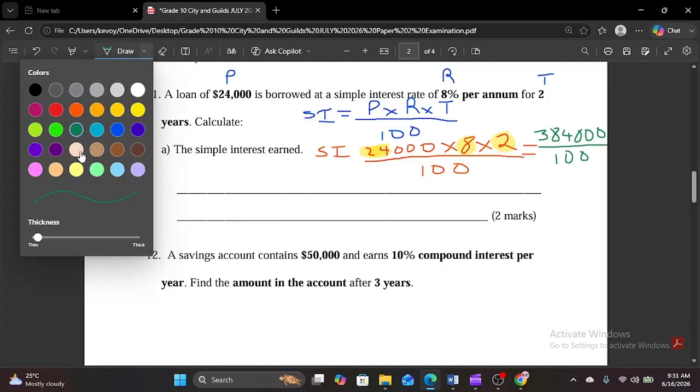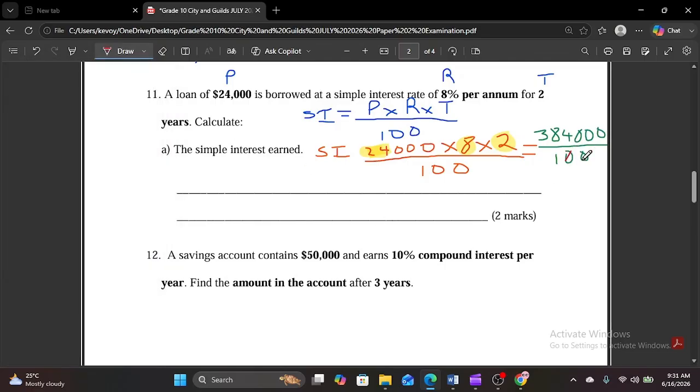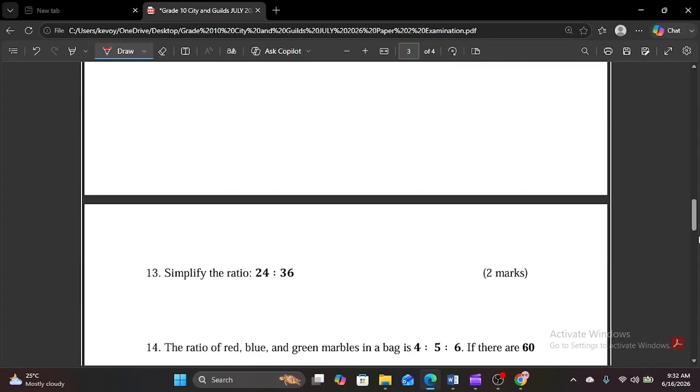So all I have to do now is just cancel my zeros. Take off 2 zeros from the bottom and 2 zeros from the top. So we're left with our answer being in dollars, 3,840. That's going to be your simple interest. 3,840.